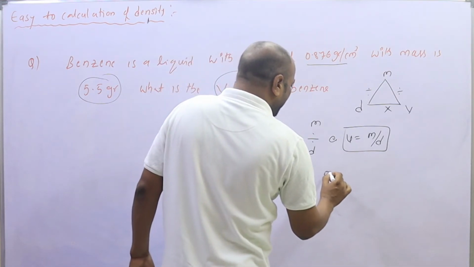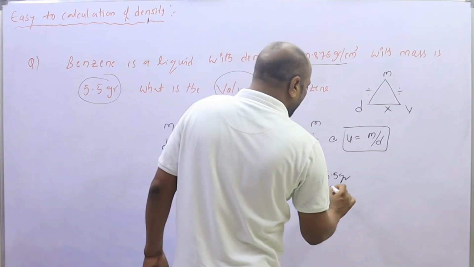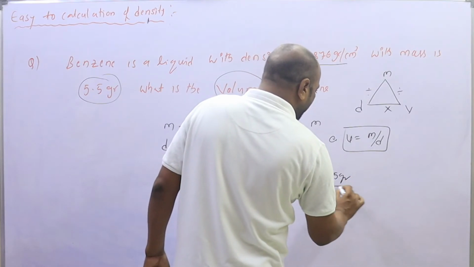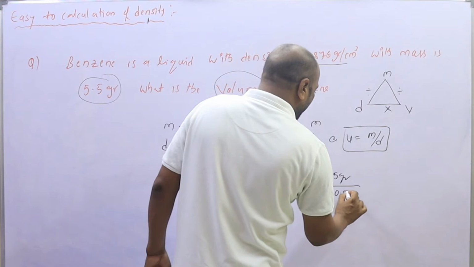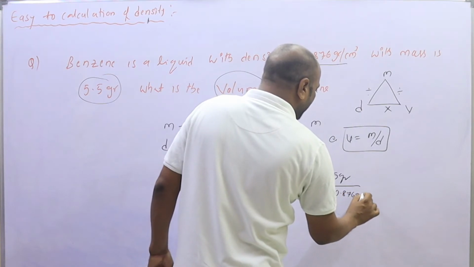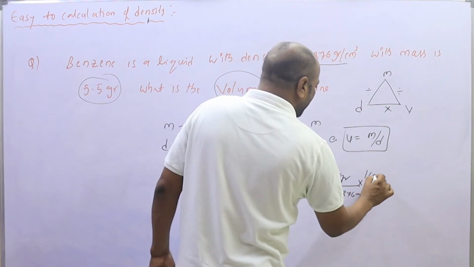Mass is 5.5 grams by density, 0.876 grams into 1 centimeter cube.